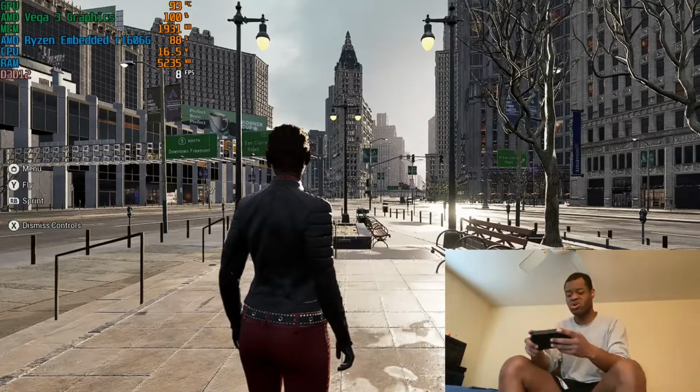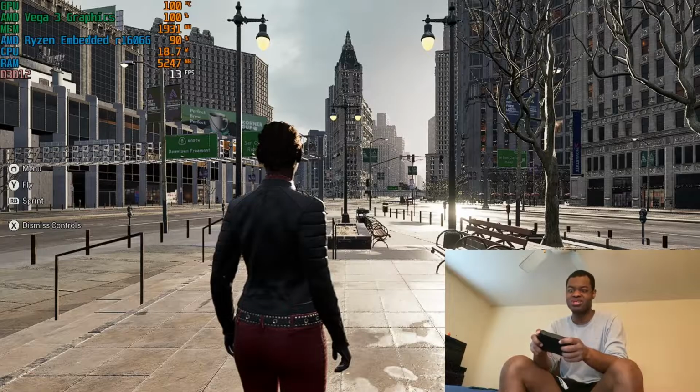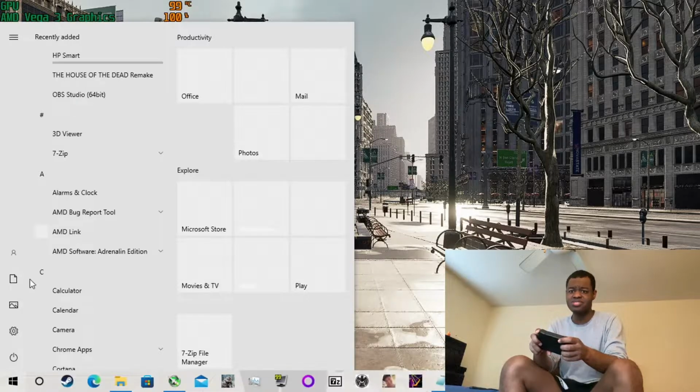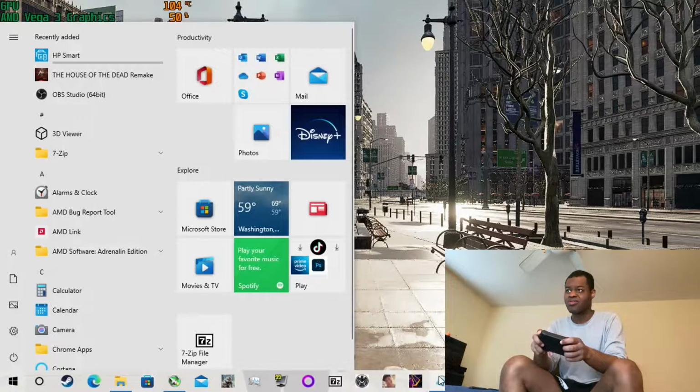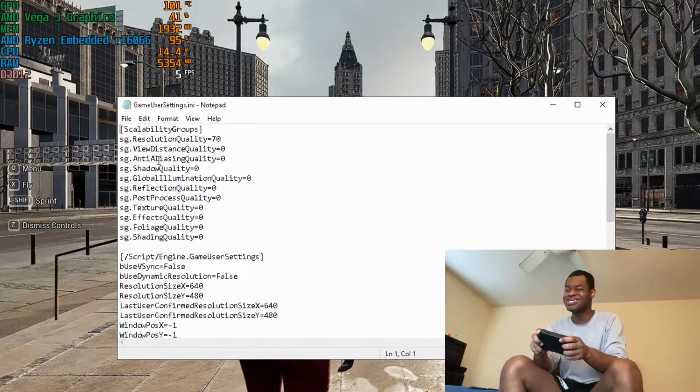Also, here are the settings that I'm using. As you can see, resolution quality is at 70. Everything else is at 0. All the resolution size and stuff like that is at 640 by 480. So let's go down even further.